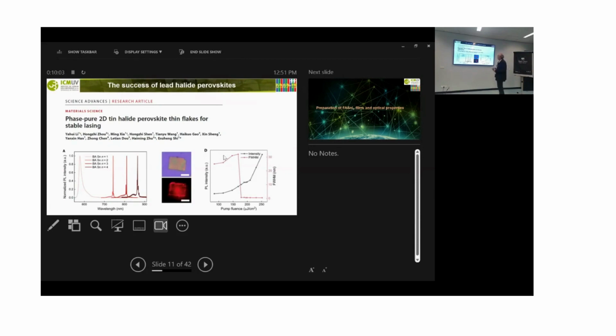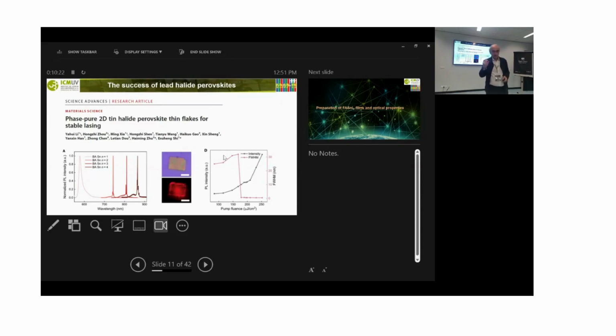For example, this is from other authors, but it's a kind of sample where you can find lasing at several wavelengths. This is another kind of perovskite.